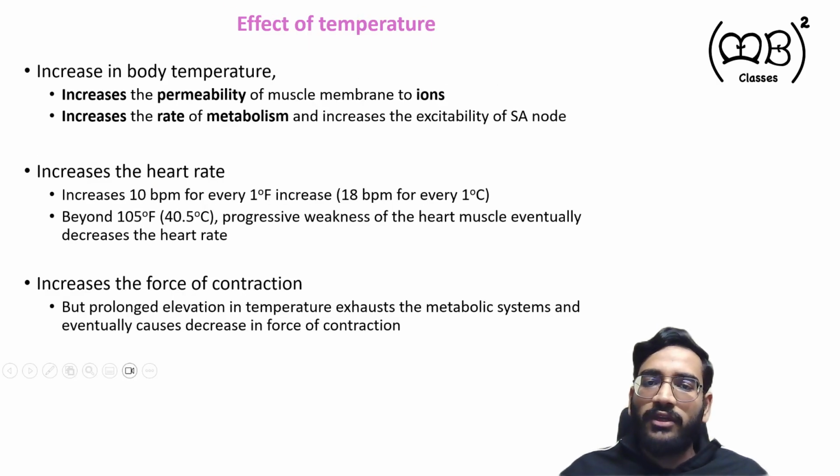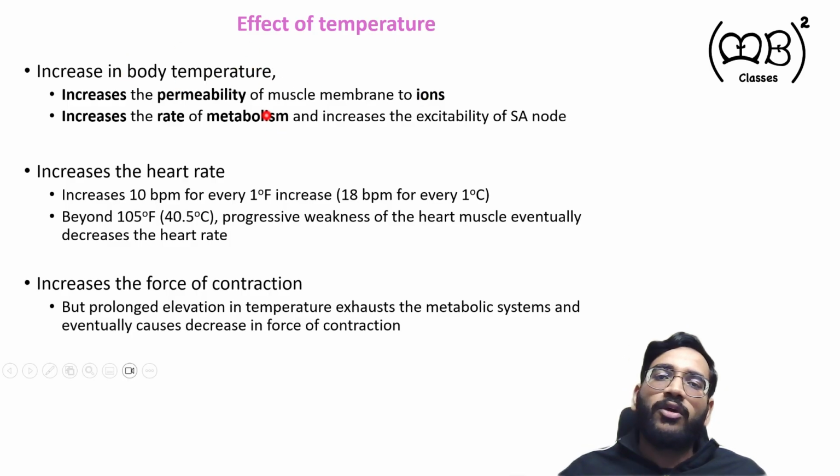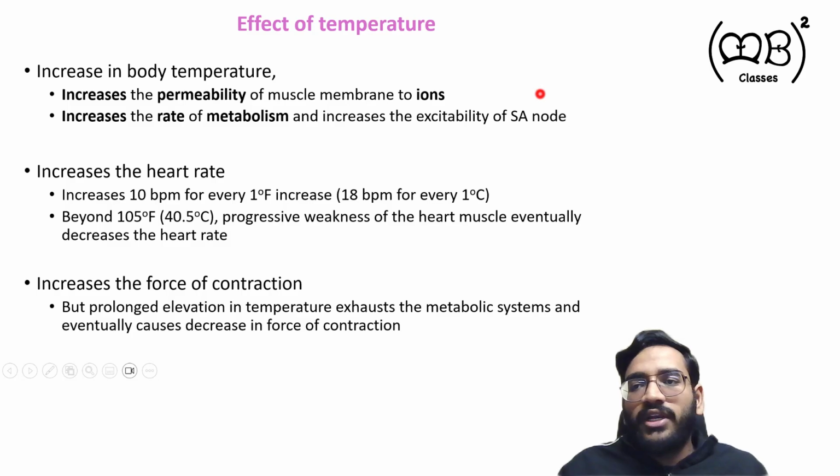Now last, coming to the effect of temperature. If there is increased body temperature, it increases the permeability of ions, so increased sodium and calcium influx will be there. And as we all know, increased temperature leads to increased metabolism in all the tissues of the body. That increased rate of metabolism also increases the excitability of the SA node.